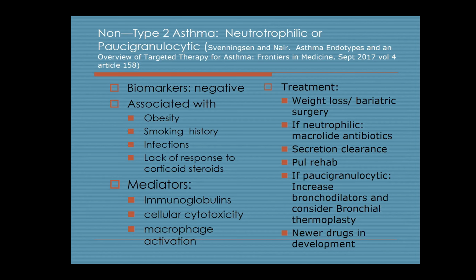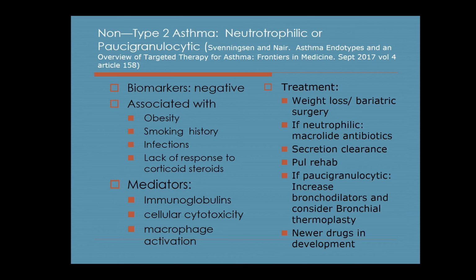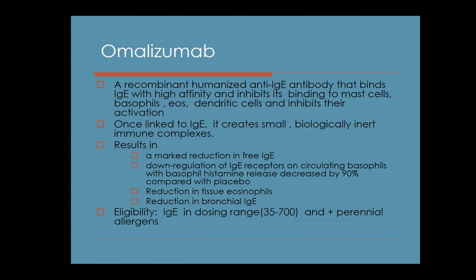We have newer biologics that are going to be targeting these pathways on this side, but we don't have them yet. They're in development. But bronchial thermoplasty is one of the things that's being considered, even though we don't have a full recommendation for it as a treatment yet.